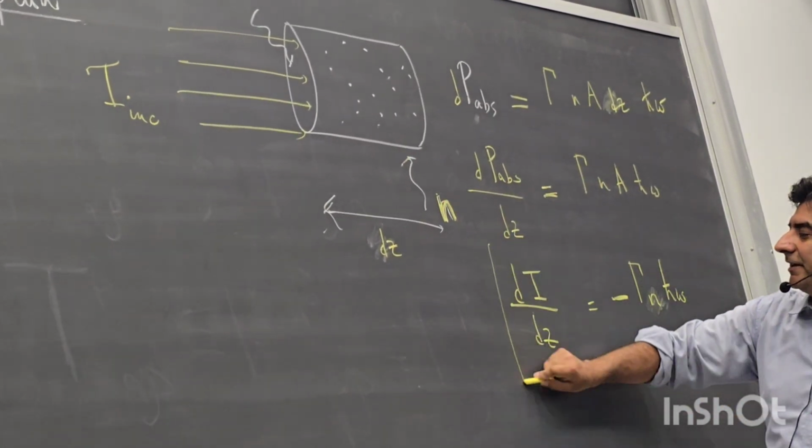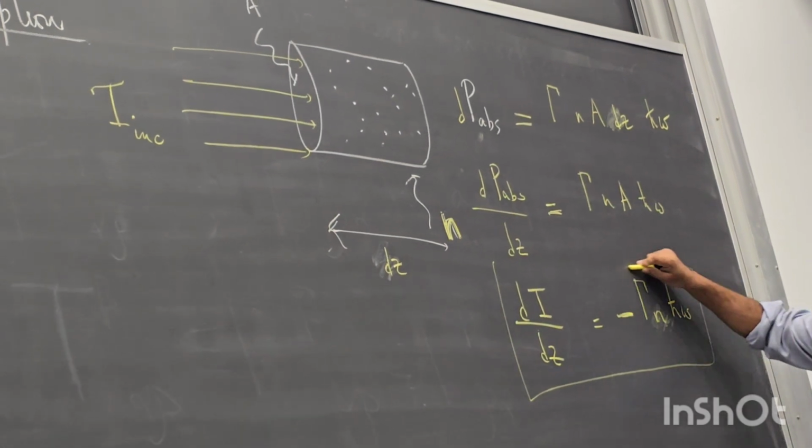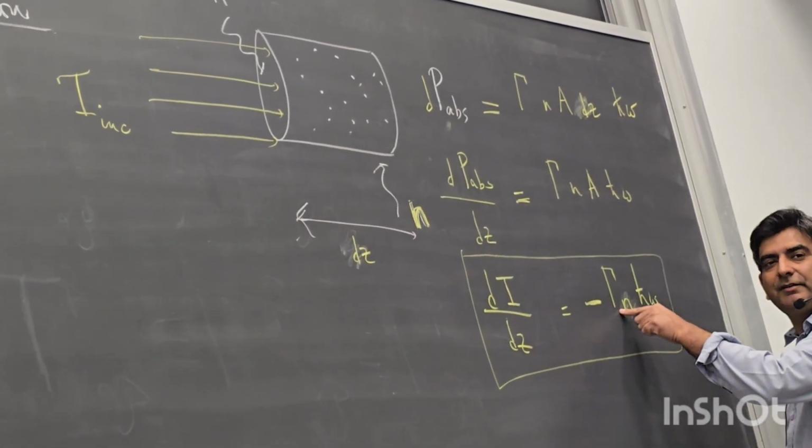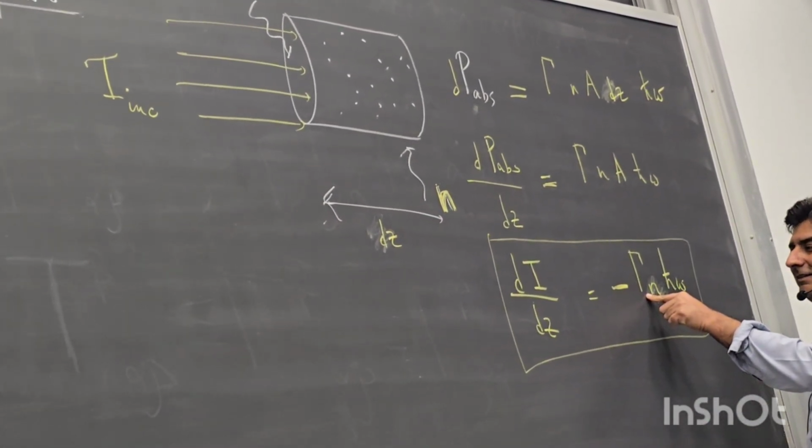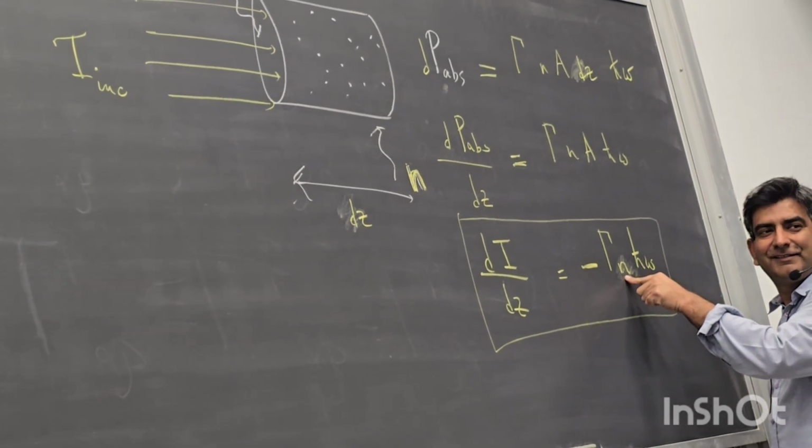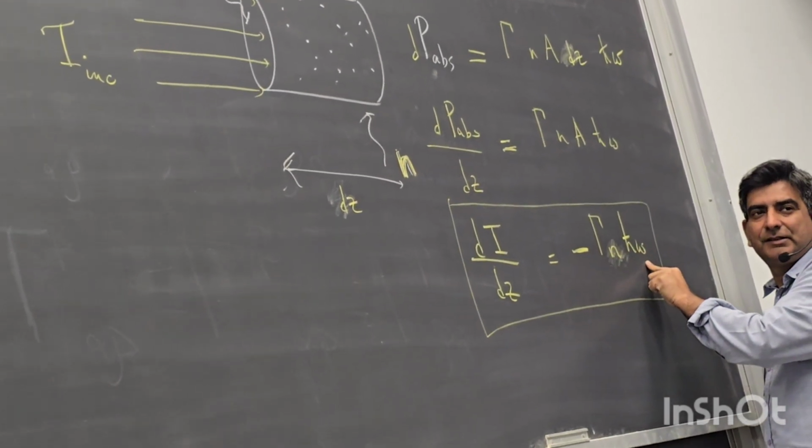So this drop in intensity is given by the photon scattering rate, n, and ħω.